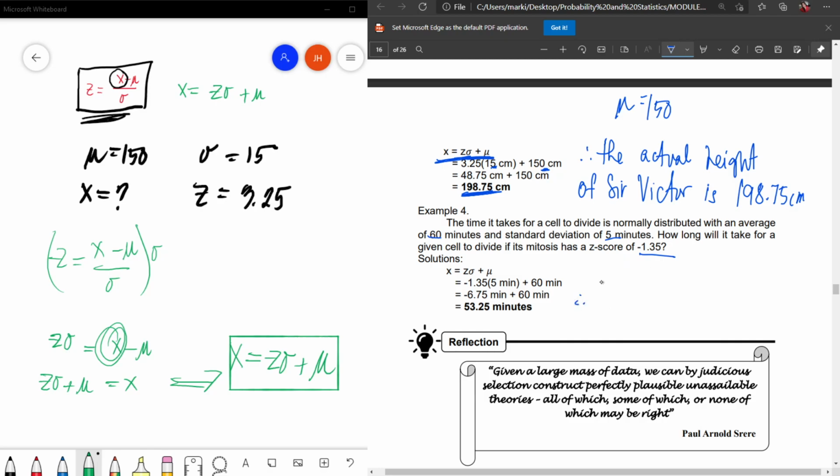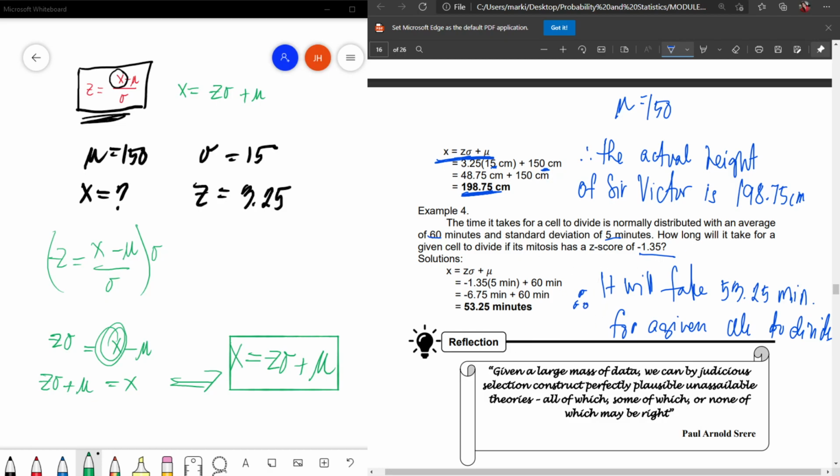So therefore, it will take the given cell 53.25 minutes to divide. Yes, you can have that as long as there is a therefore and you answer the question.